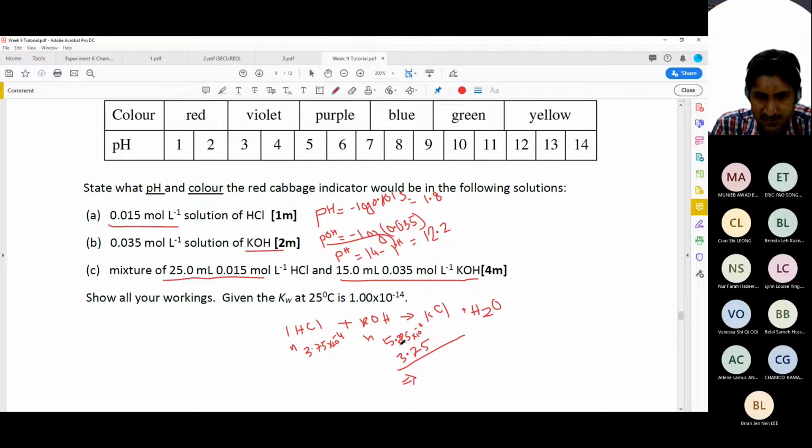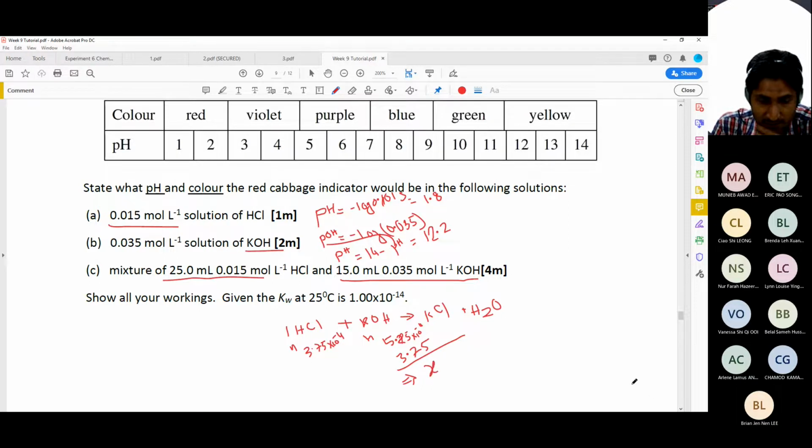Whatever the balance is, it is potassium hydroxide, not HCl. Since it is a strong base, that much will be the hydroxide ion in the solution.